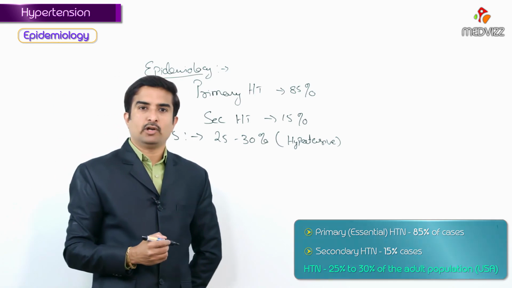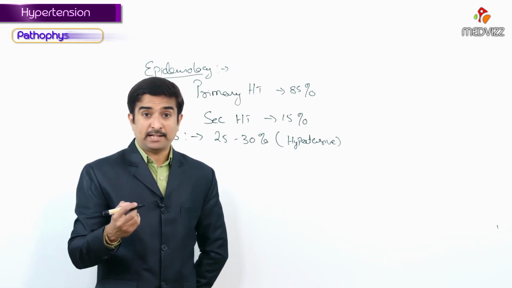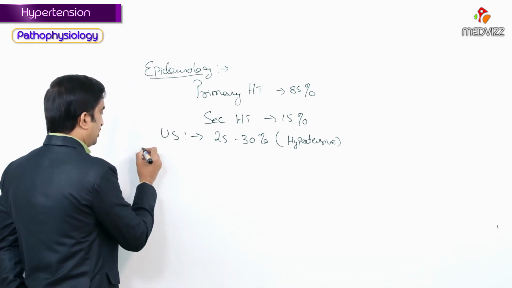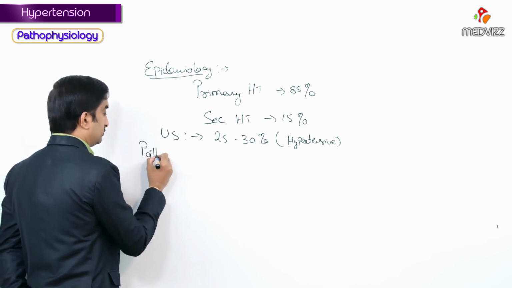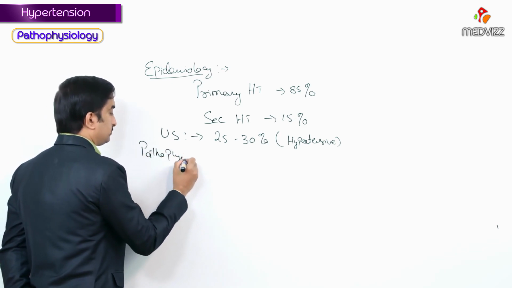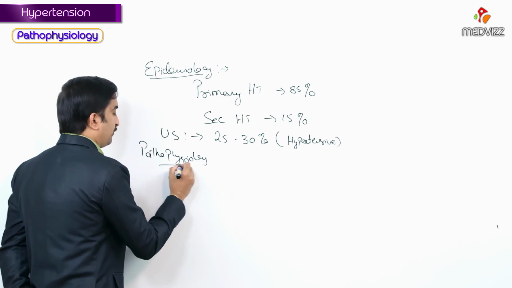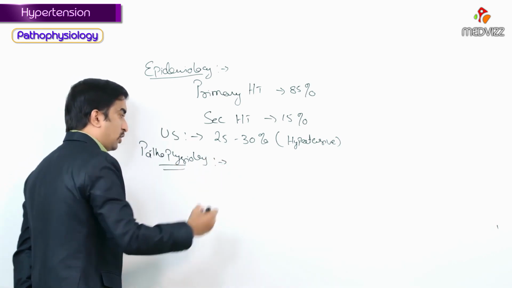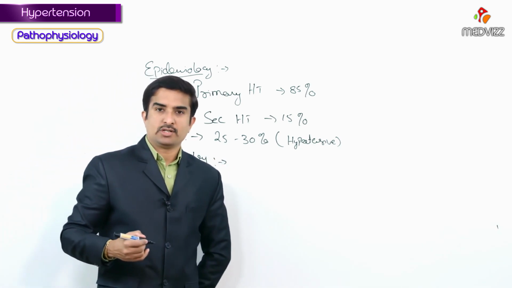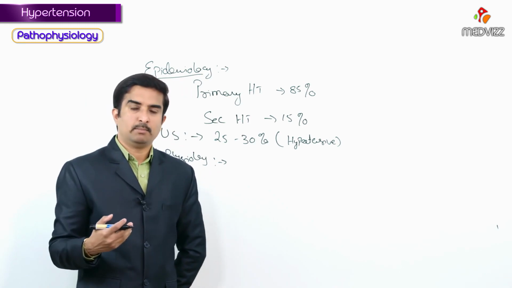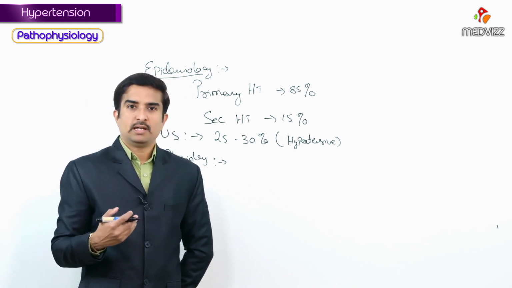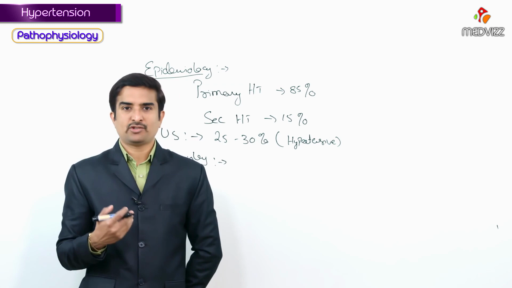So after the epidemiology, let me talk about the pathophysiology. In the pathophysiology, I will talk separately about the systolic blood pressure, diastolic blood pressure, as well as primary and secondary hypertension.